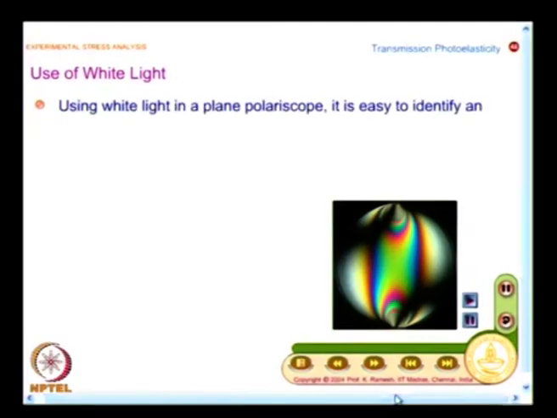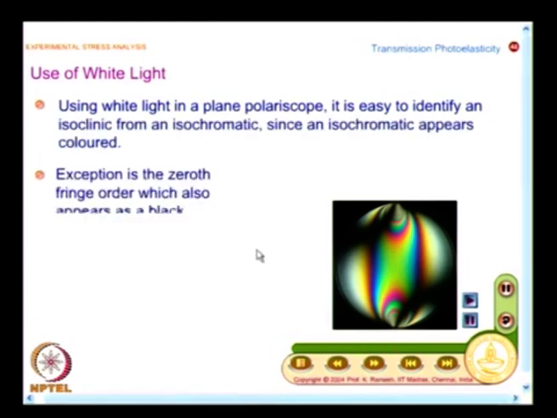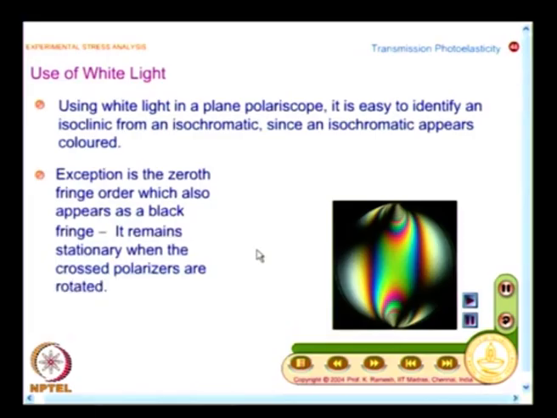And use of white light has a lot of advantages. For example, even though I say the quarter wave plate is matched for a particular wavelength, though it introduces an error, viewing the model in white light for an unknown situation gives you a wealth of information.